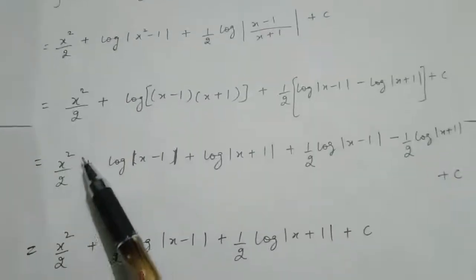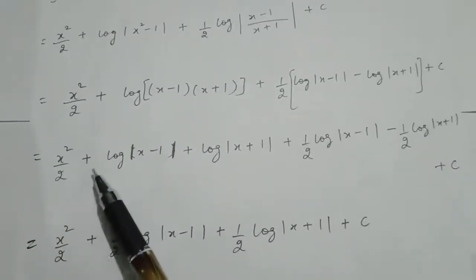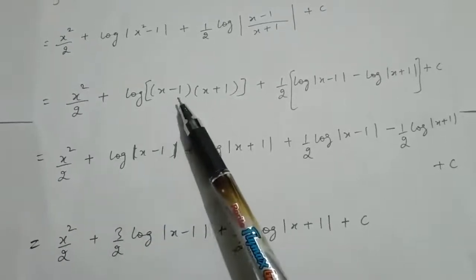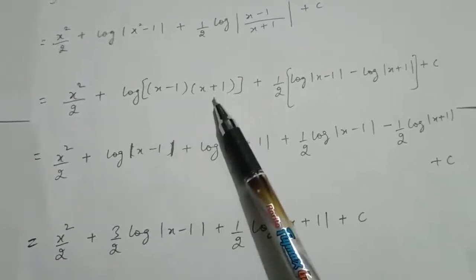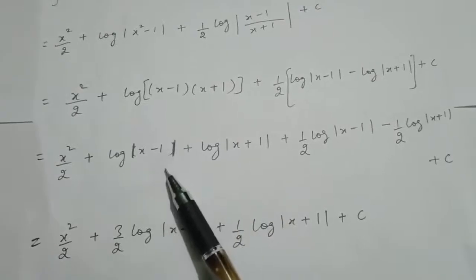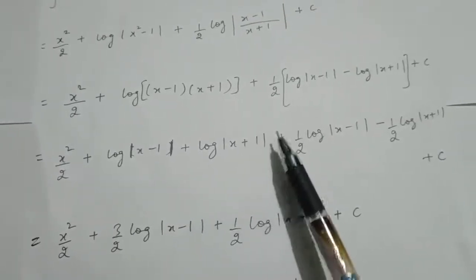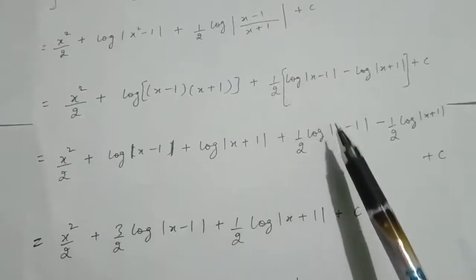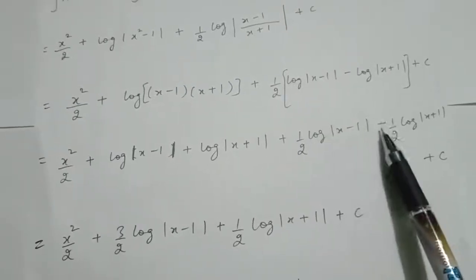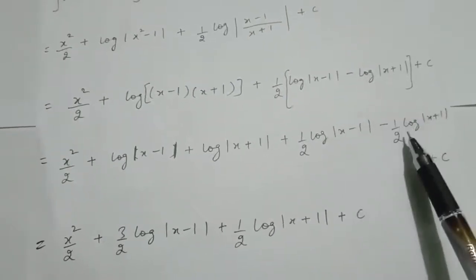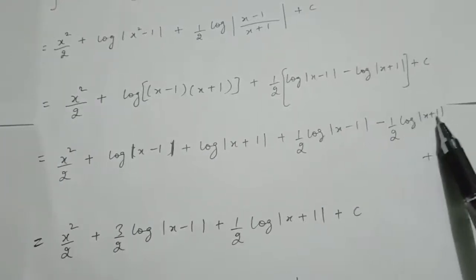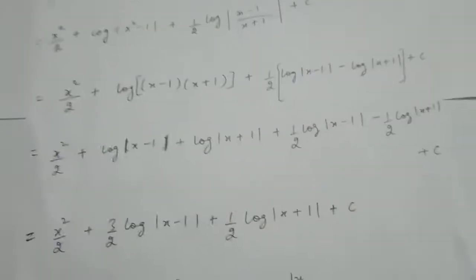Now x square by 2 as it is, plus this is log mn, and log mn can be written as log m plus log n, right? Plus this will be 1 by 2 into log mod x minus 1 minus 1 by 2 log mod x plus 1 plus c, right?